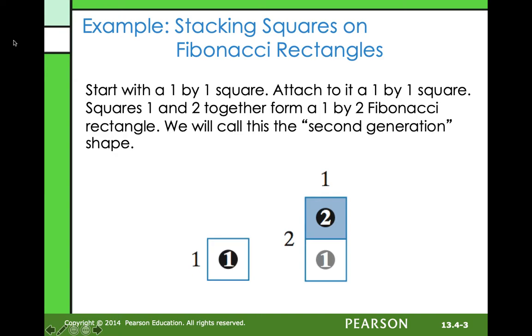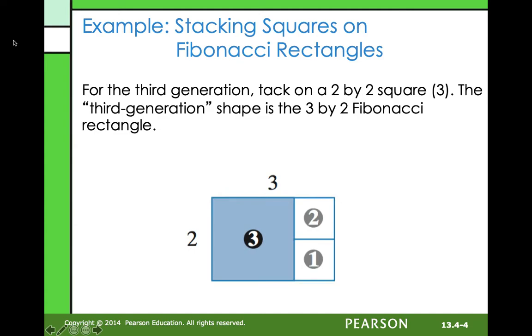To keep it simple, we're just going to start with a 1 by 1 square. We're going to then take that and attach it to a 1 by 1 square. Squares 1 and 2 together form a 1 by 2 Fibonacci rectangle. We will call this the second generation shape. For the third generation, we're now going to tack on a 2 by 2 square.